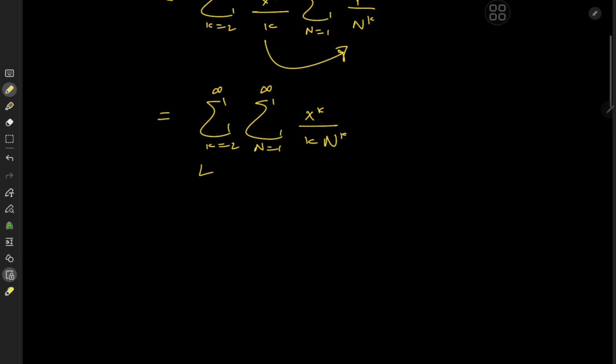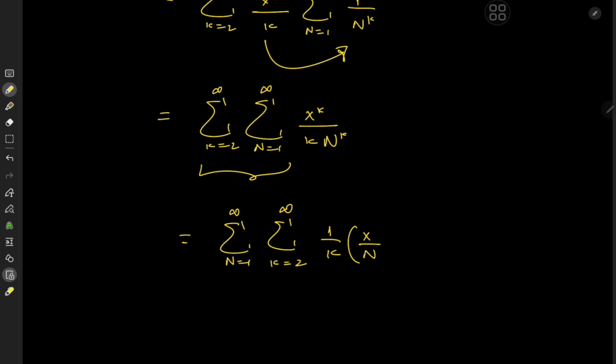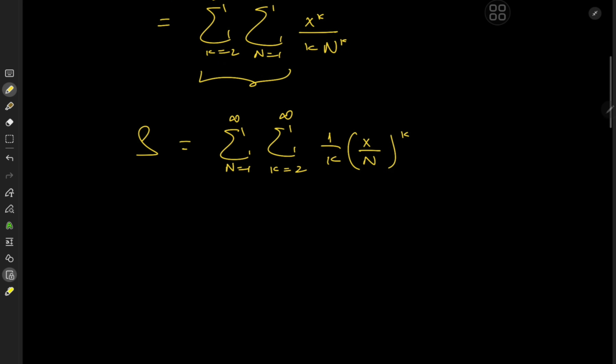And I'd now like to switch up the order of these summation operators to give us the sum over n from 1 to infinity, sum over k from 2 to infinity of 1/k times (x/n)^k, and this seems oddly familiar. This looks like something related to the series expansion for the logarithm function, and that's exactly what it is.